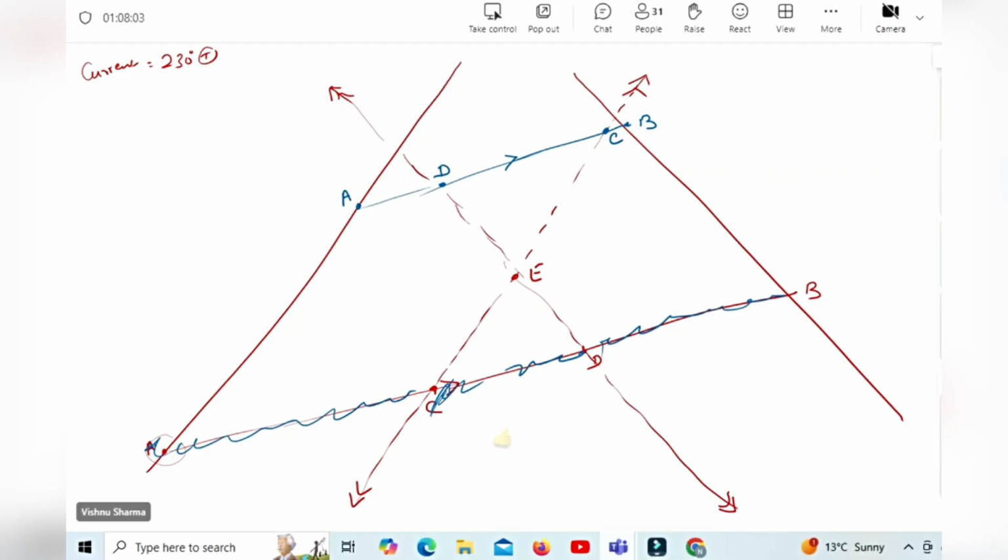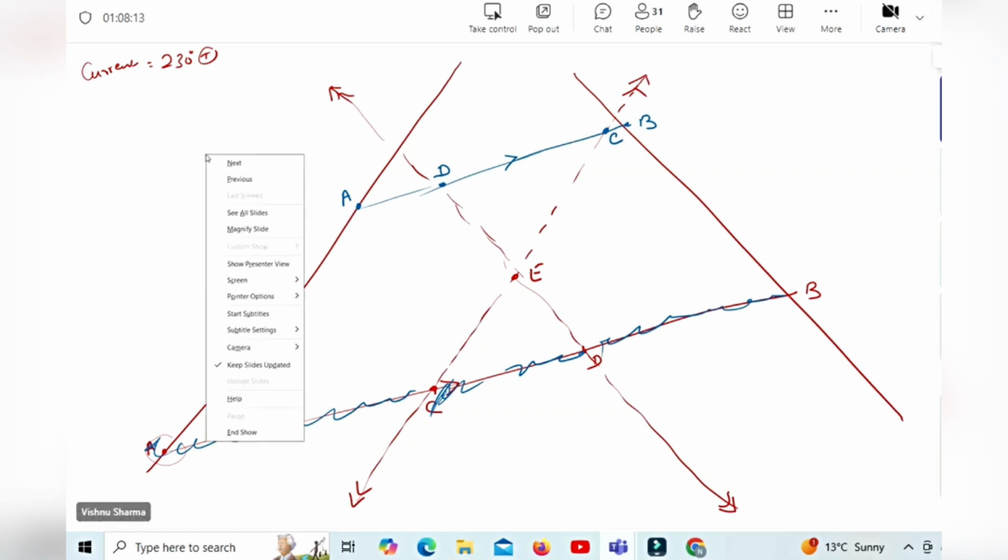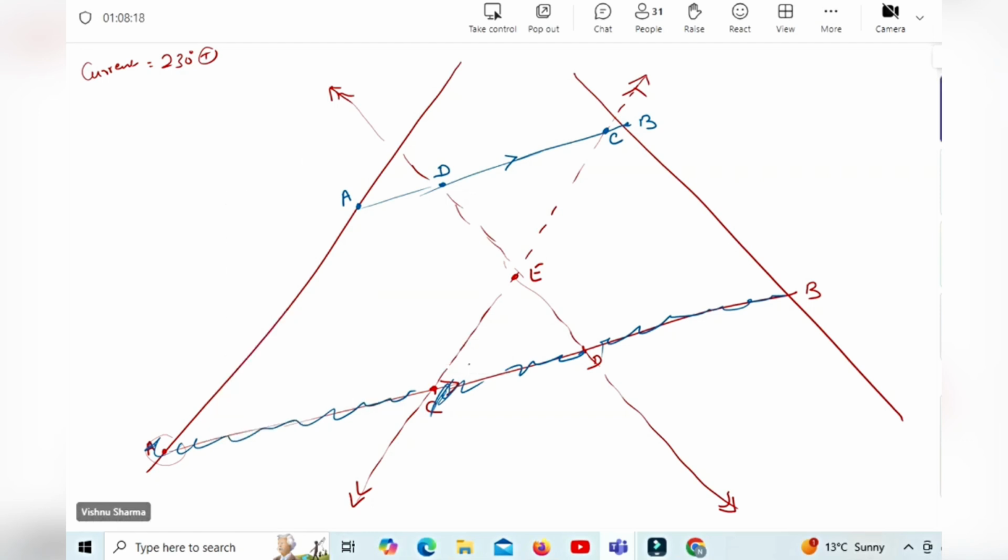Yes, sir. Okay. Now, if you draw 230 from C, will it cut the third transferred PL? Now look at the plot. If I draw 230 through C, is it going to cut the third transferred PL? Yes. Why? Because if I draw 230 from here, it will come and cut the third PL here.